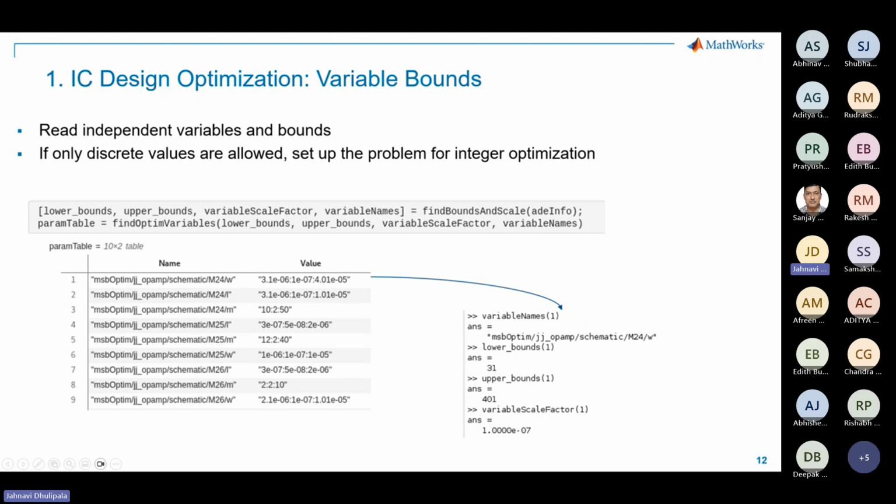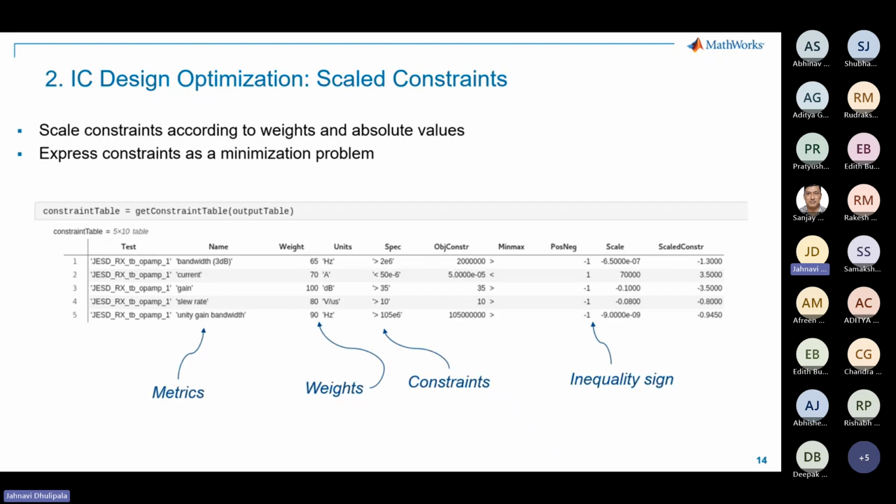Which dictates how the variable sweeps over an integer set. So on the whole, your first step is to read the independent variables and set up the environment, mentioning what my lower bound is, what my upper bound is, what my scale factor is, and what the parameter is which I'm going to optimize. This is the first step which we would be doing.